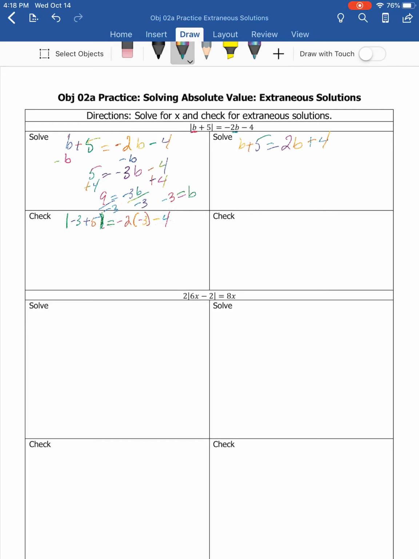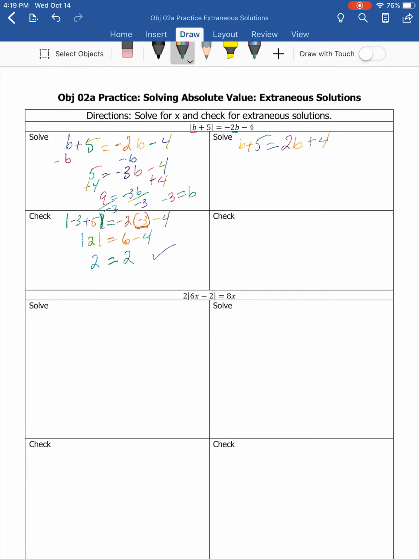So negative 3 plus 5, this is going to be the absolute value of 2, is equal to negative 2 times negative 3 is positive 6 minus 4. The absolute value of 2 is 2. 6 minus 4 is 2. So I know that negative 3 is one of my solutions.